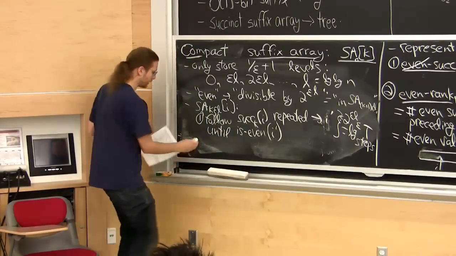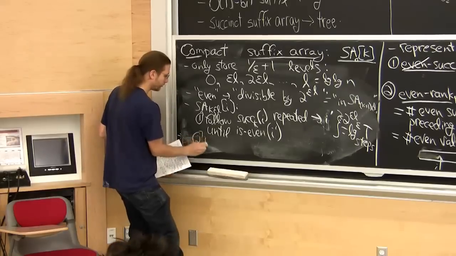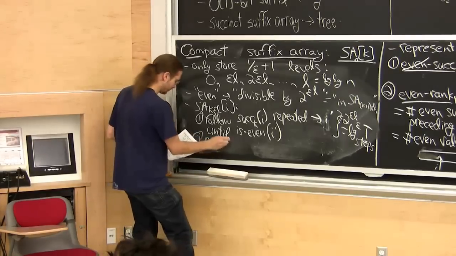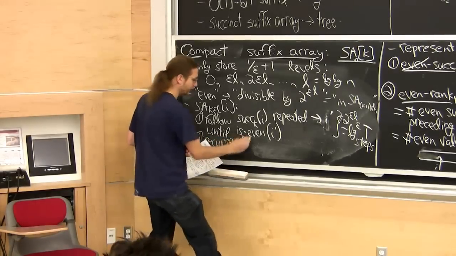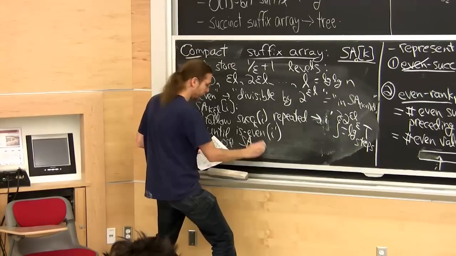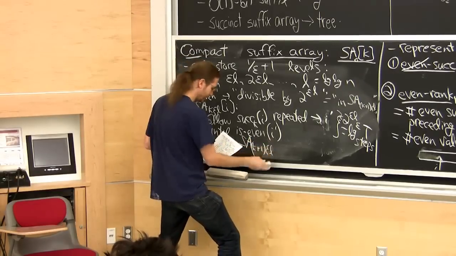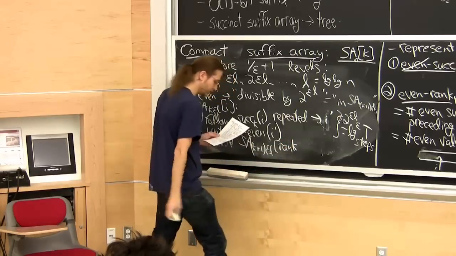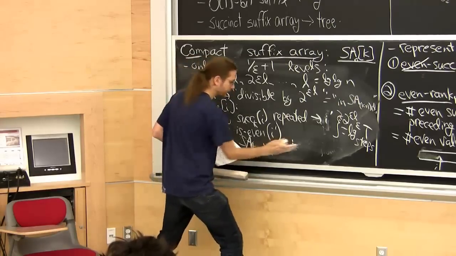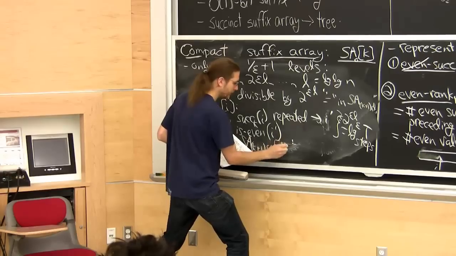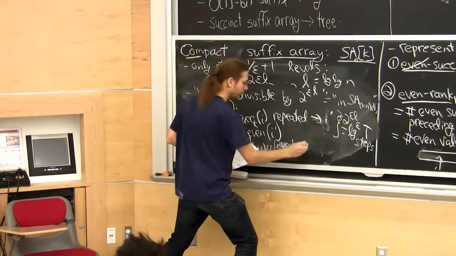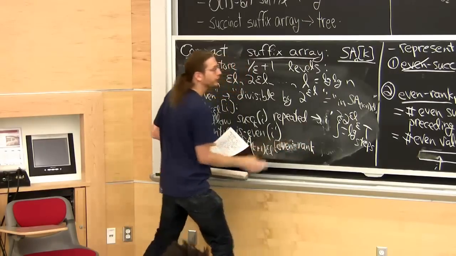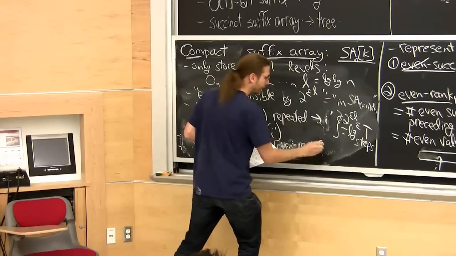Okay, then we recurse, just like before, on SA k plus 1 epsilon L, the next level down, of the, I think we can still call it even rank. So k of i.